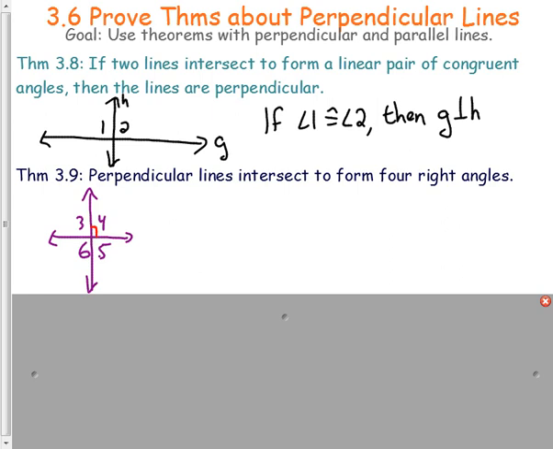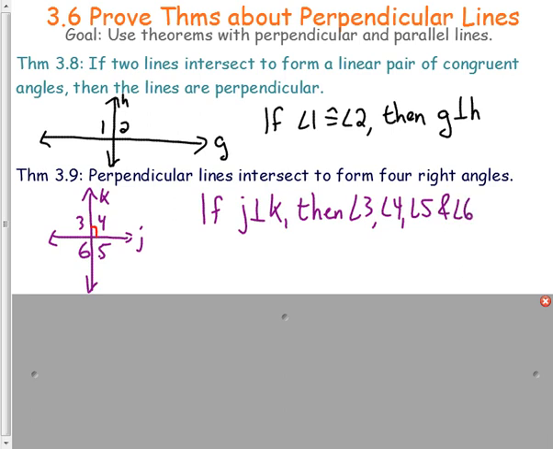And we'll also label the lines J and K. And we'll say if J is perpendicular to K, then angle 3, angle 4, angle 5, and angle 6 are right angles.